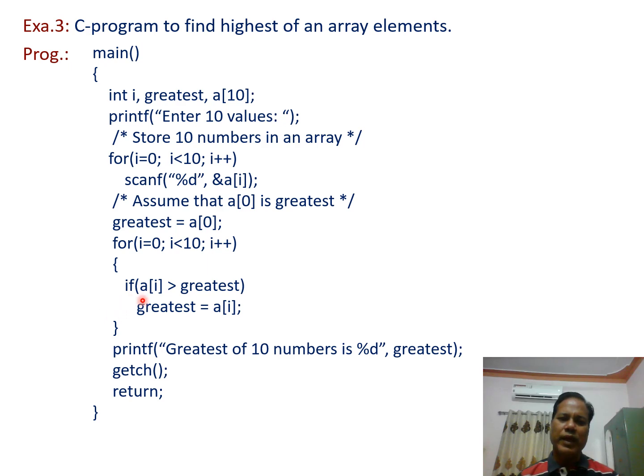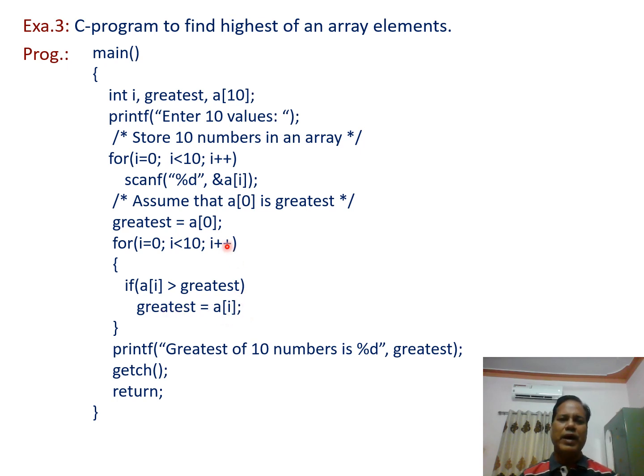So if A[i] is greater than greatest, then greatest is equal to A[i]. The first value is what we have assumed to be the greatest value.